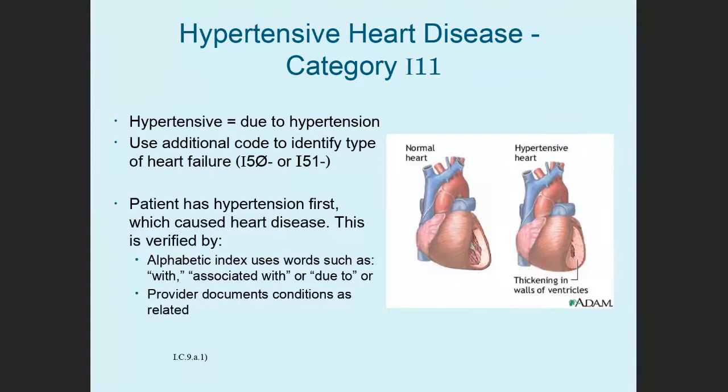Category I11 is used for hypertensive heart disease. Remember that hypertensive means due to hypertension. The patient had hypertension first, and this led to heart disease. The alphabetic index will use words such as with, associated with, due to, to indicate that there is a relationship between the hypertension and the heart disease.